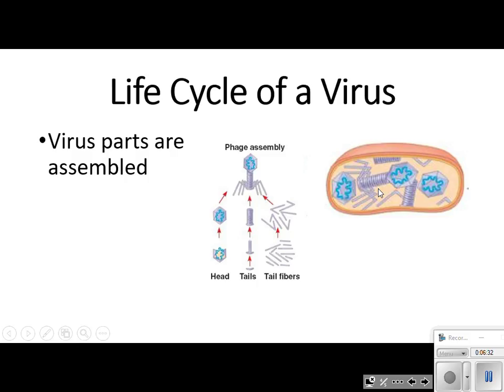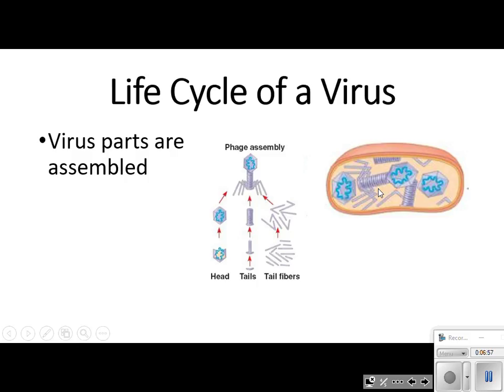Okay? Now, the virus is ready to go. Once we've assembled the virus, it's as good as it's going to get. Remember, one thing that viruses do not do, well, a couple of things. Who can explain to me? Remember from yesterday, what are some things that viruses do not do?